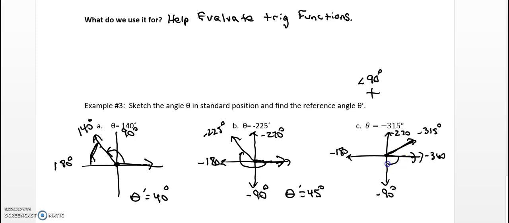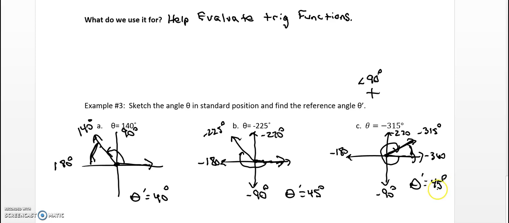This is my angle, negative 315, going that way. And so theta prime will be the difference between these two, from my terminal side to my nearest x-axis. Well, again, the difference between 360 and 315 is 45. So theta prime will equal 45 degrees.